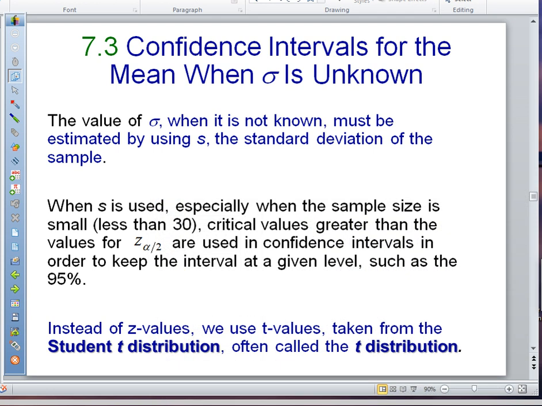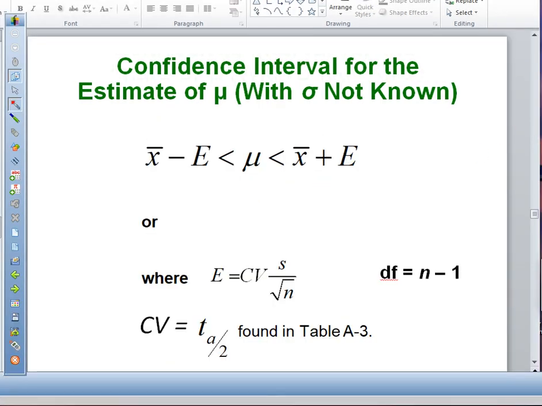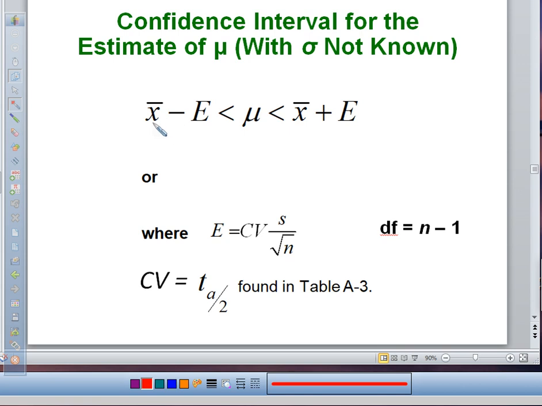Let me first go through the basics. So here, what we're going to do is figure out what our confidence interval should be. And again, it's the same thing, x bar plus or minus E. X bar minus E is our lower limit. X bar plus E is our upper limit.